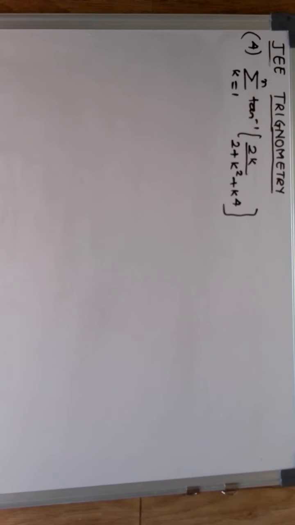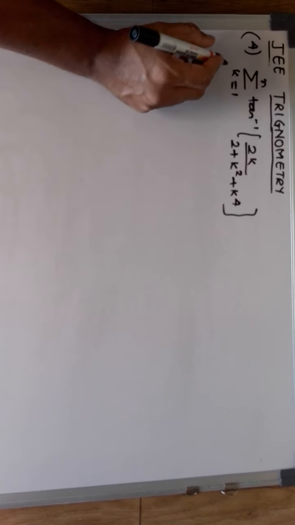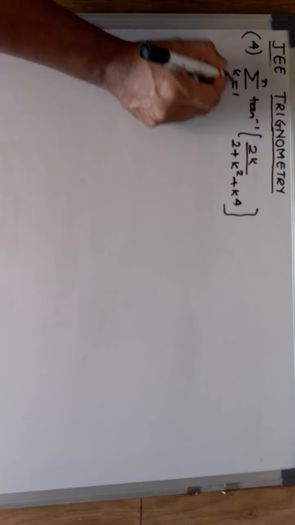So what I am going to do is break this down using a formula, that is tan inverse of x plus y upon 1 minus xy, or tan inverse of x minus y upon 1 plus xy. What will be advisable, we will see here.